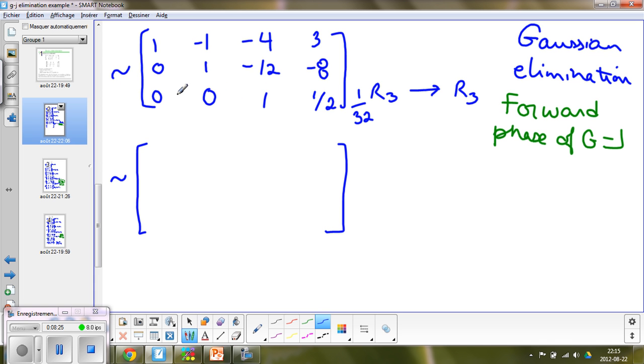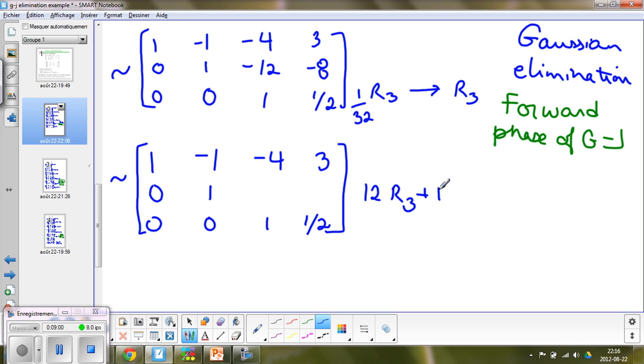And since we have zeros here and we obviously don't want to change what we've built, that's great, because 12 times 0 is 0, so that's not going to affect all of this. We're not yet doing anything with the first row. The last row is perfect, not touching it. What we're doing is 12 times R3 plus R2. That's our new R2.